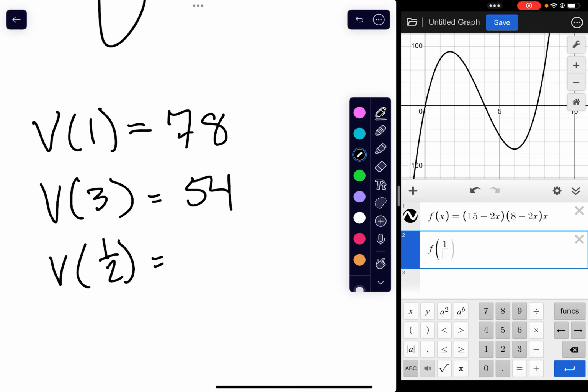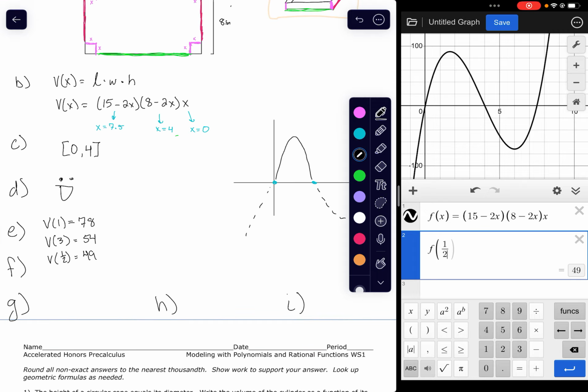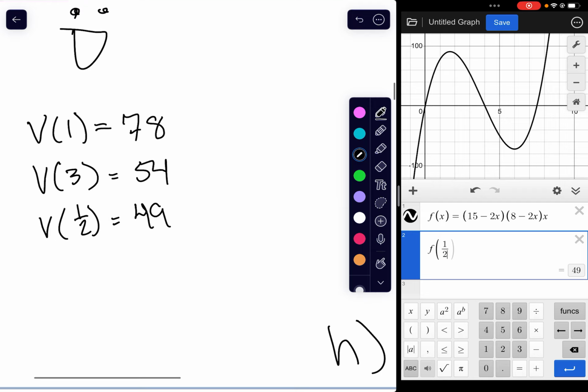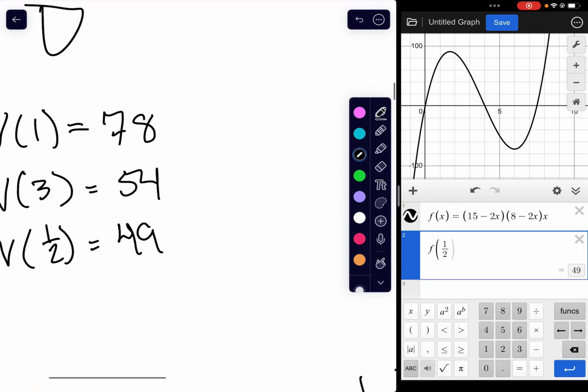And f of a half is equal to 49. Nice integers. Reminder of what those are. That is the volume. So that is going to be, was it inches? Yes, inches cubed, because it has 3 dimensions.